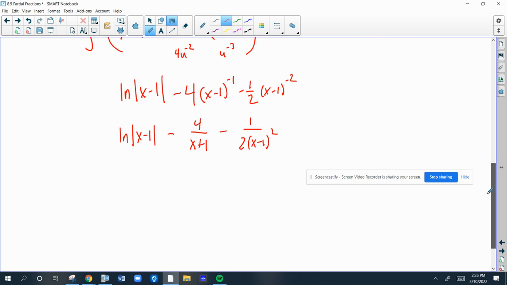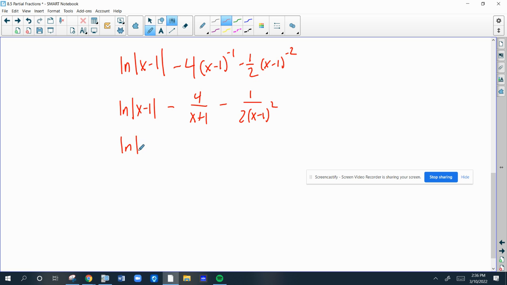And since I'm on a roll here, let's get a common denominator on the rational functions. We'd have to multiply this one by 2 times x minus 1. So we'll multiply this one by 2 times x minus 1. So it would be 8 times x minus 1 up top, or 8x minus 8.